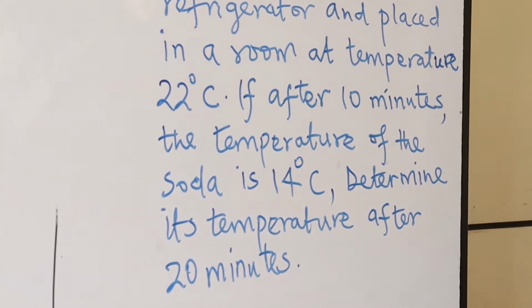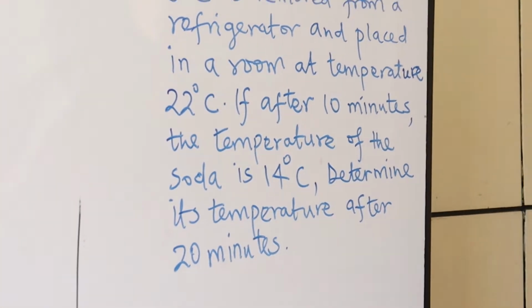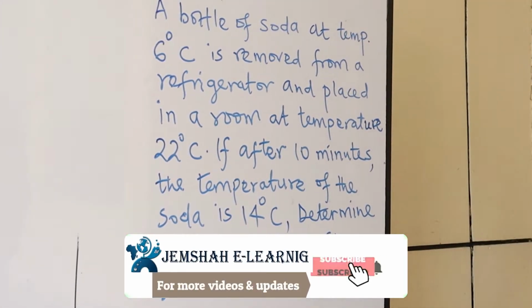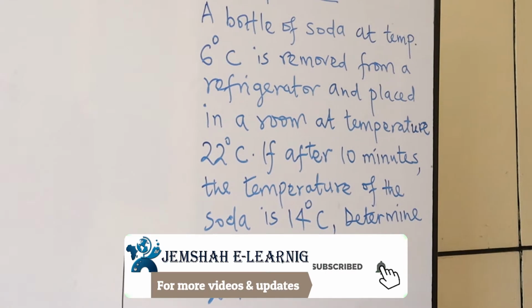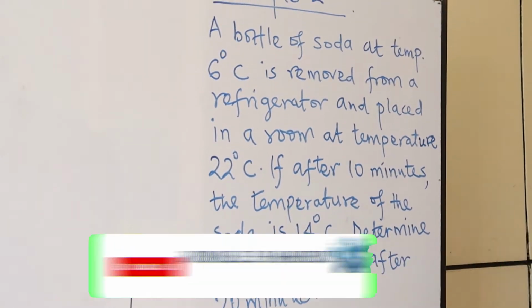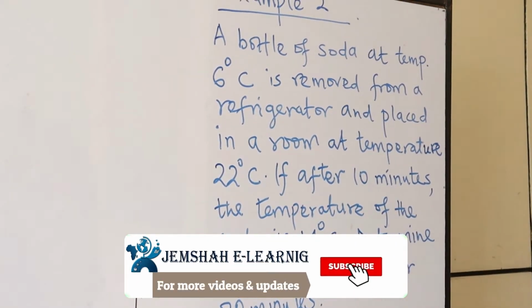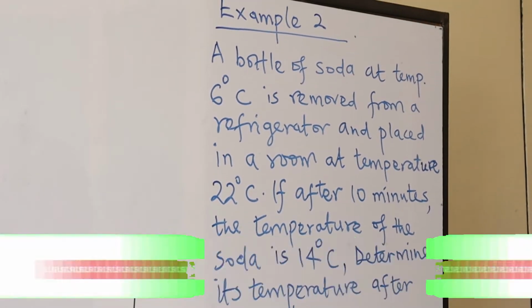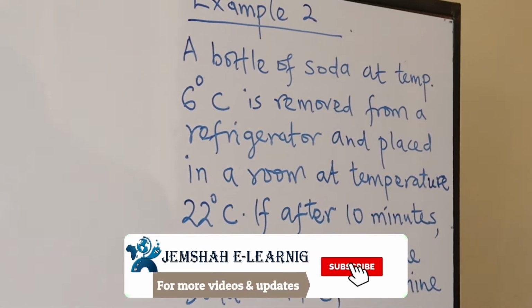Now, according to Newton's law of cooling, the rate at which an object gains or loses heat is proportional to the difference in temperature between the object and its surrounding.